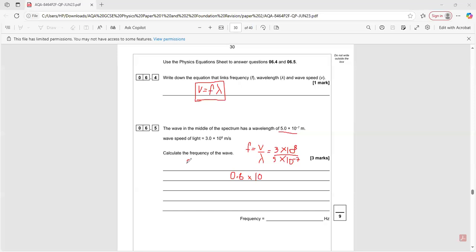You have x raised to the power of a all over x raised to the power of b, that is the same thing as x raised to the power of a minus b. Do you remember this law? It's one of the laws of indices.